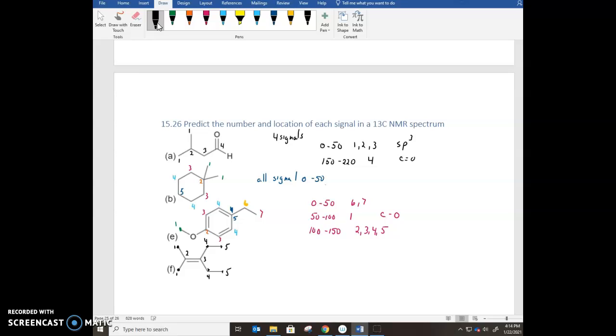So we have 5 signals. Between 0 and 50, we'll expect to see our sp3s. That'll be carbons 1, 4, and 5. And between 100 and 150, we'll expect to see our sp2s, and that will be our 2 and our 3.